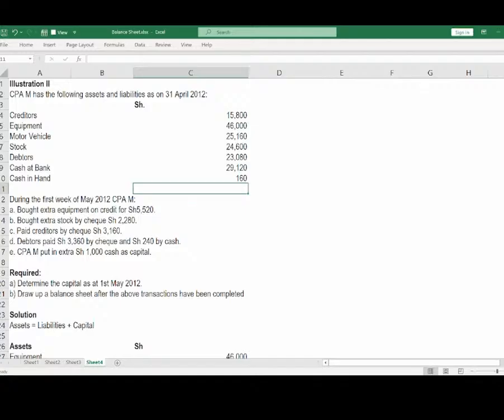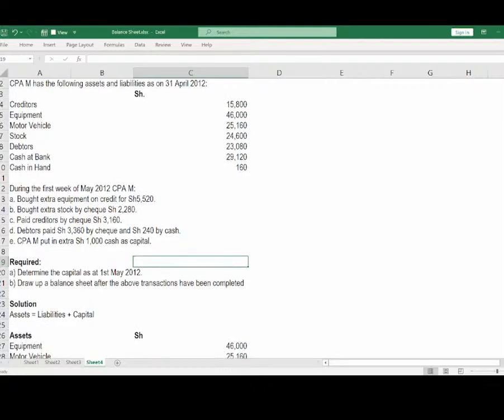During the first week of May 2012, CPM bought extra equipment on credit for 5,520. Also bought extra stock by cheque for 2,290. Paid creditors by cheque for 3,160. Also a debtor paid 3,360 by cheque and 240 by cash.